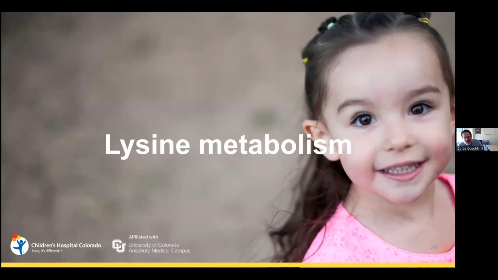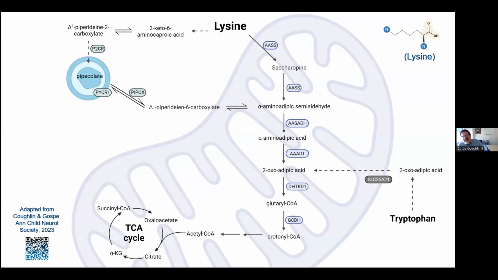So now I'm going to move on to lysine metabolism, something that I love more than anything that someone should love in the world of biochemistry. This is a picture of lysine metabolism in general from a paper Dr. Gosby and I wrote recently. But what I'm trying to show here is that lysine metabolism is complicated.